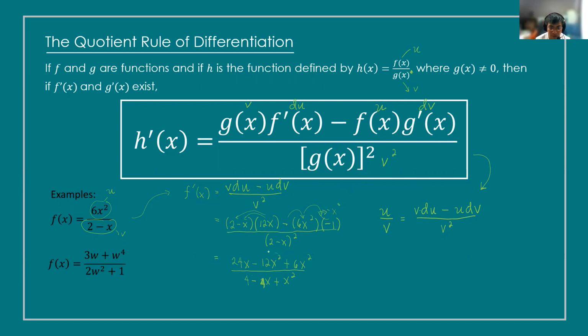Okay, so simplify the equations, similar terms. So this one is similar. So our final answer would be 24x minus 6x squared, all over 4 minus 4x plus x squared.